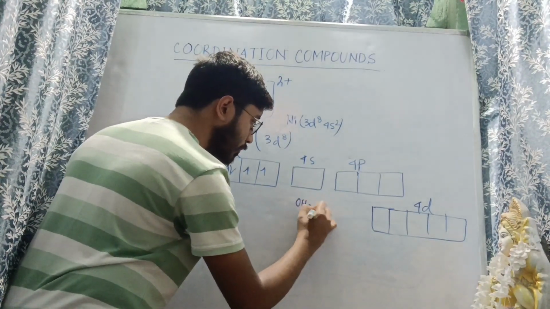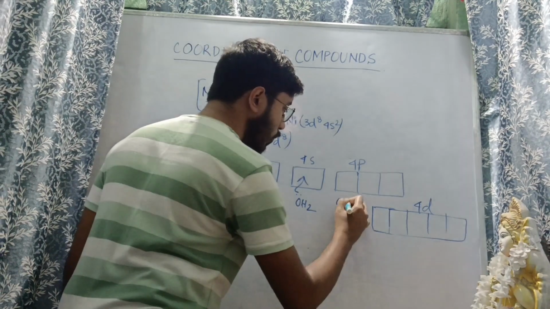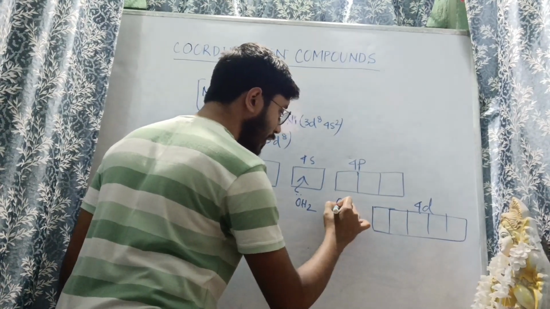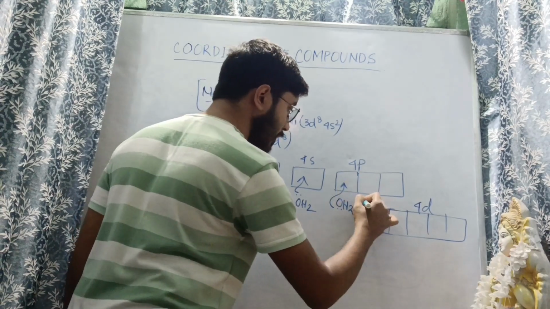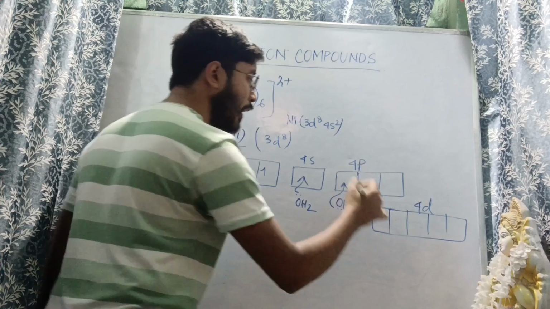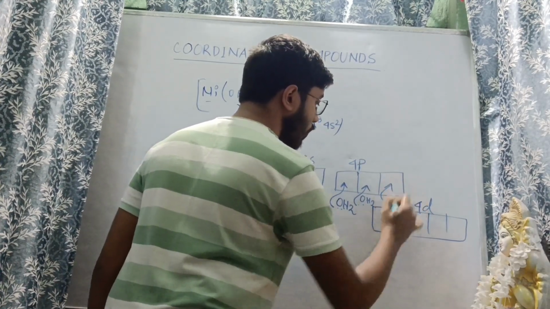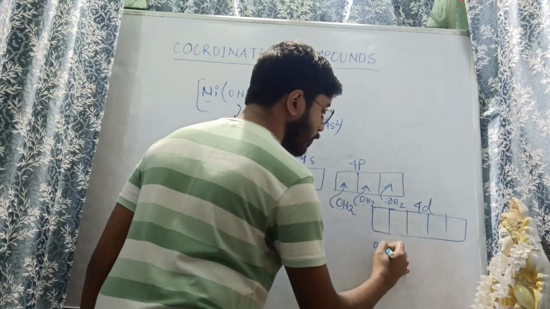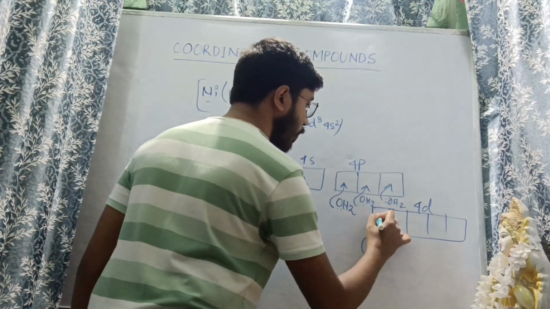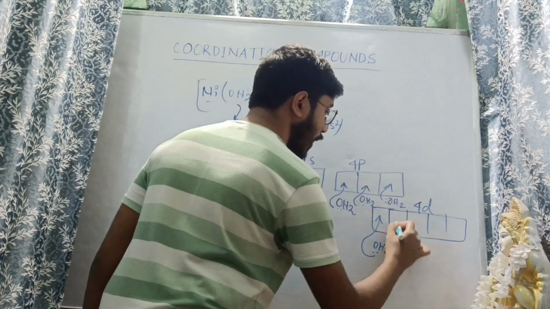So 6 water molecules are present in the complex. 1, 2, 3, 4, 5 and 6.